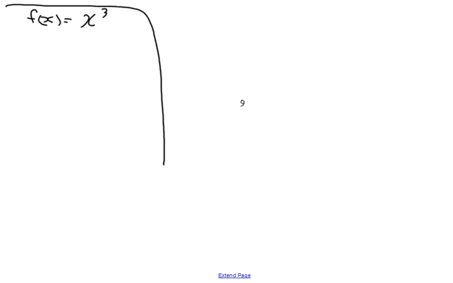Y equals x cubed. We're trying to notice a pattern. You think it's going to be 3x squared? Well, we've got to find out. Limit as h goes to 0, (x plus h) cubed minus x cubed over h.